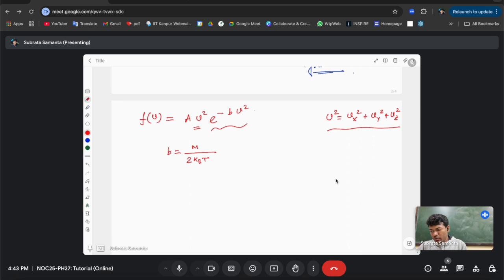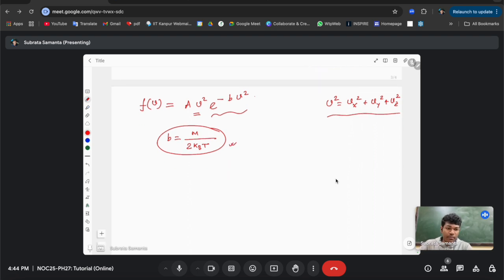Let's say first the B is given. Now I want to compute the maximum probable speed of the gas molecules, given that the gas molecules follow this distribution. So let's first draw this distribution.